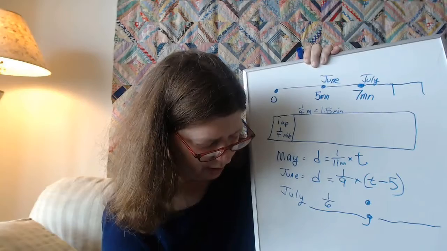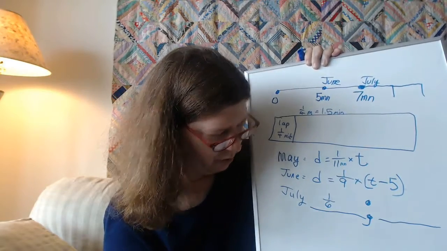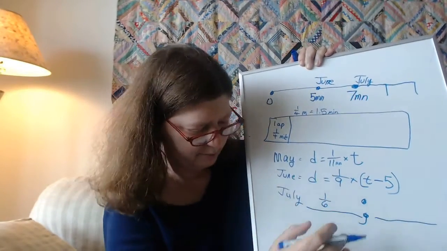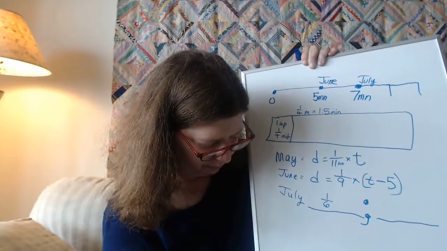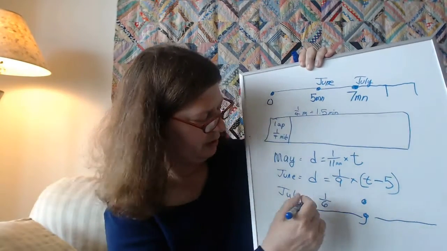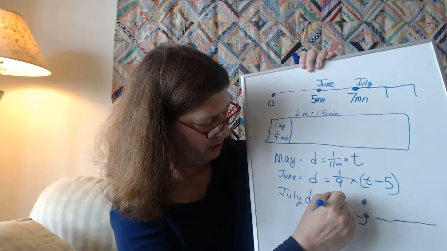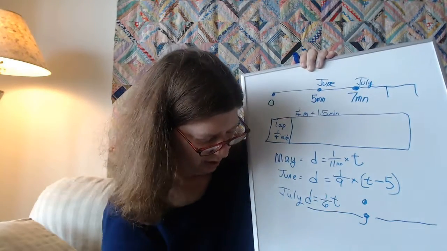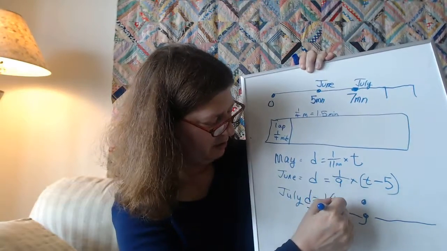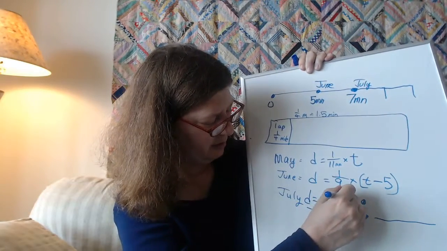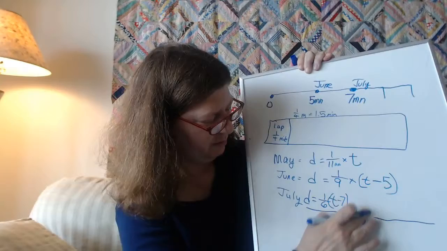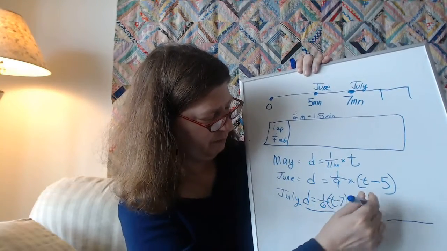So they say that she has 2 laps. It's going to be D equals 1/6 T, but minus 7 this time. Minus 7, but here comes the tricky part.